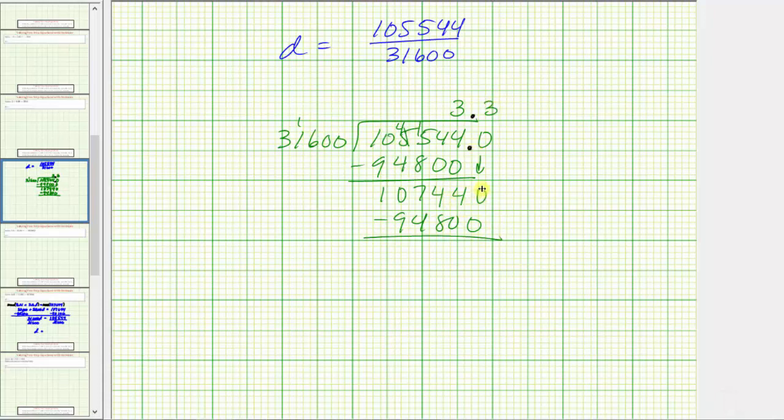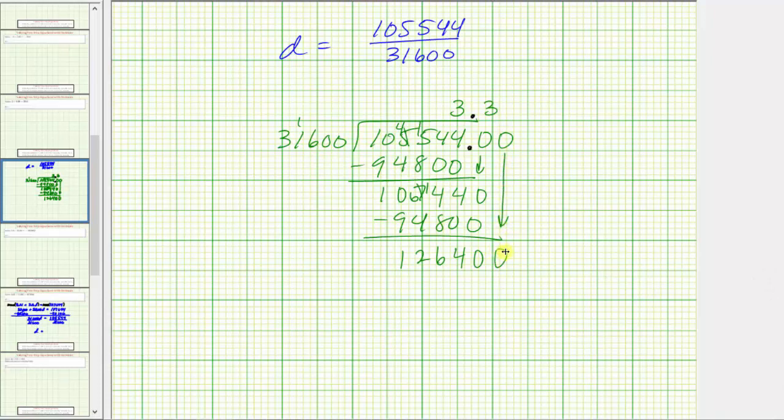So subtracting, 0 minus 0 is 0, 4 minus 0 is 4, performing an exchange here, 14 minus 8 is 6, 6 minus 4 is 2, and 10 minus 9 is 1. The difference is less than the divisor. The 3 is correct.